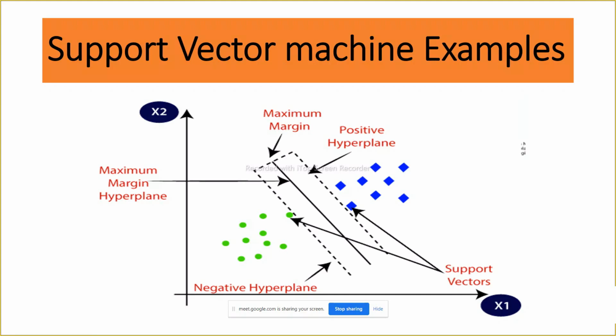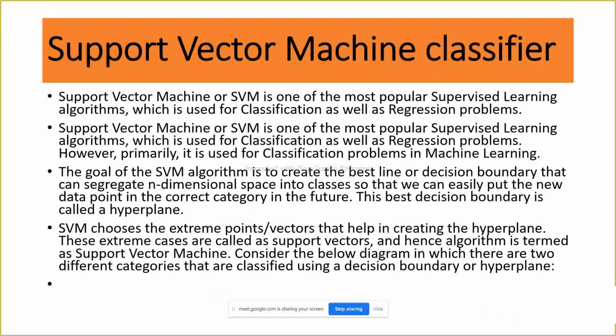So the main goal of the support vector machine algorithm is to create the best decision boundary that can segregate the n-dimensional space into classes so that we can easily put a new data point in the correct category in the future.